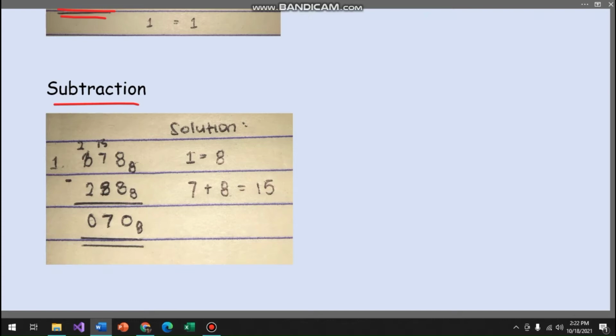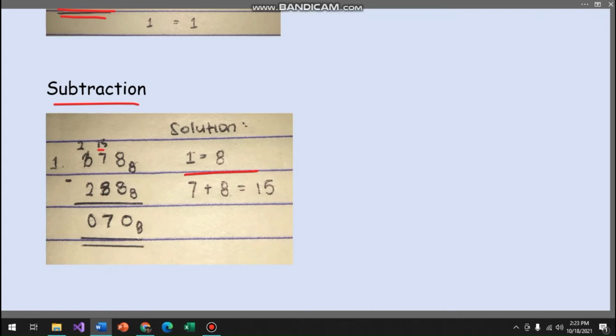In normal subtraction, a borrowed 1 is equal to 10, but in the octal number system, a borrowed 1 is equal to 8. So we will add 8 to 7, that is equal to 15.